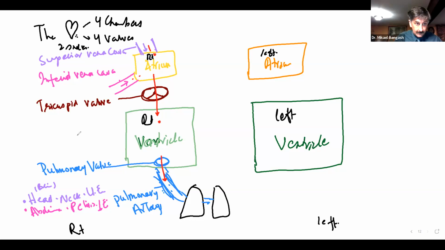But anyways, we can use this color here. That's fine. This blood that now has been loaded with oxygen is going to be fresh blood that will be brought back to the heart.